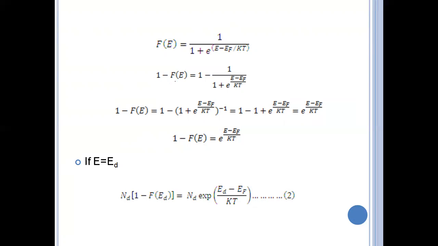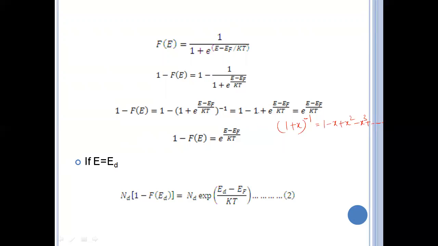Now 1 minus f of E is nothing but 1 minus 1 by 1 plus exponential function. If you take this denominator into the numerator, you can write it with a negative power. Then this can be expanded as (1 plus x) whole power minus 1. The series will be like 1 minus x plus x square minus x cube and so on.